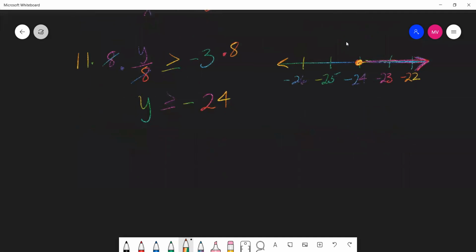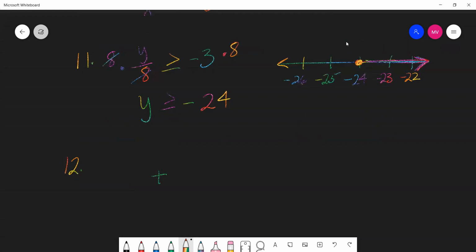All right, so number 12 says find all the numbers such that the sum of the number and twice its opposite is at most 15. So sum means addition. So we've got some addition in here somewhere.